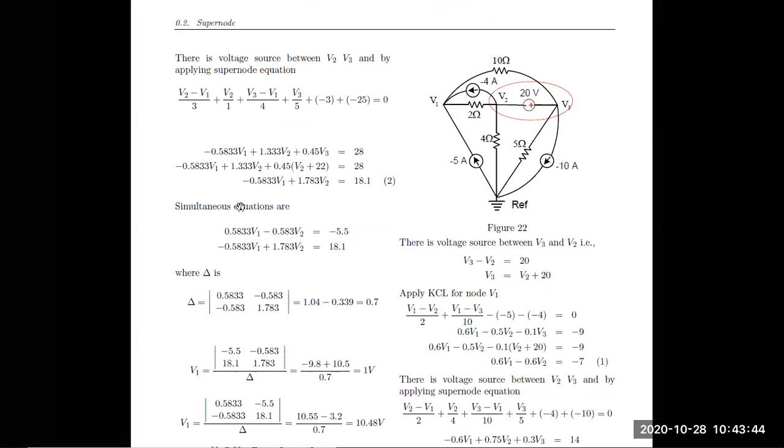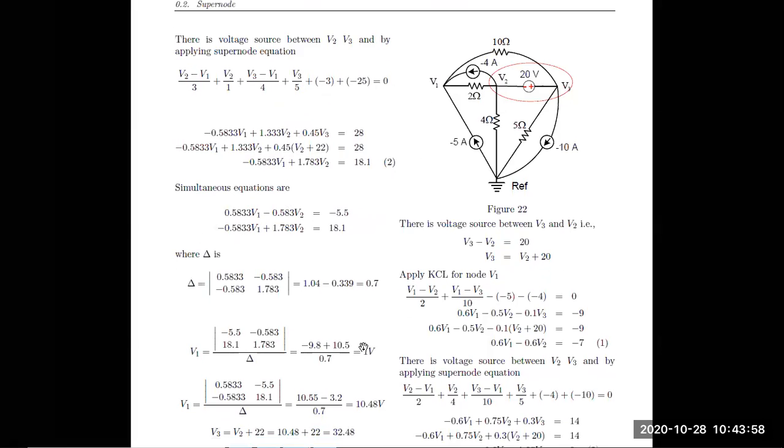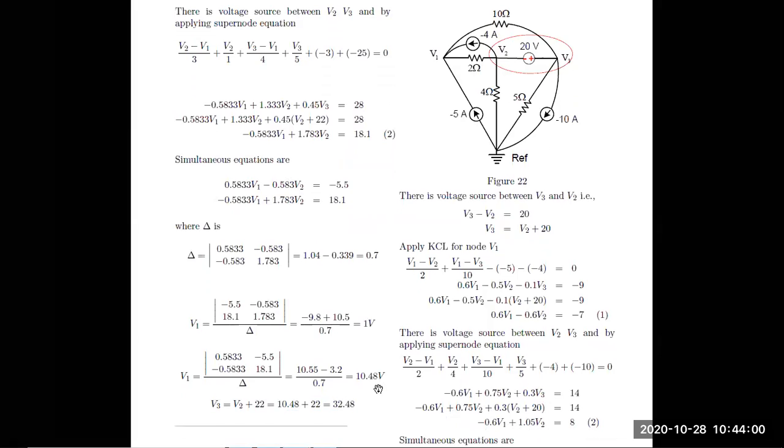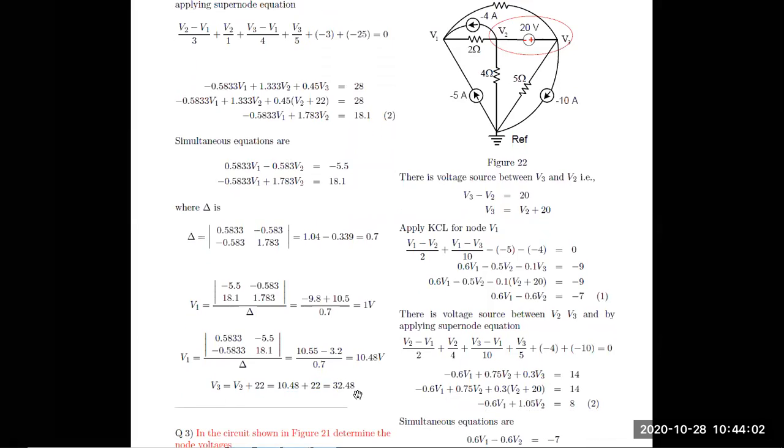So I am getting these two equations. Wherever V3 is there, I replaced it with V2 plus 22. Solving these two equations, I am getting V1 equal to 1 volt, V2 equal to 10.48, and V3 equal to 32.48.